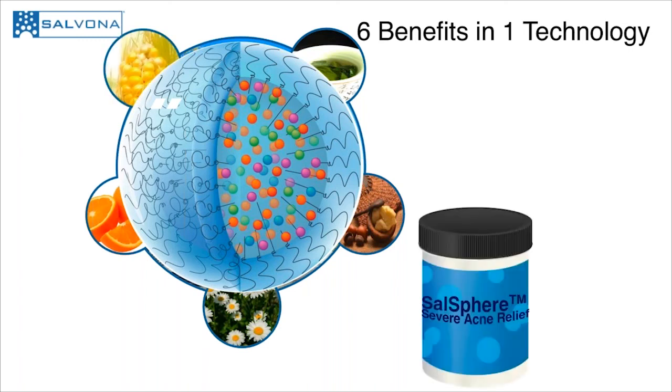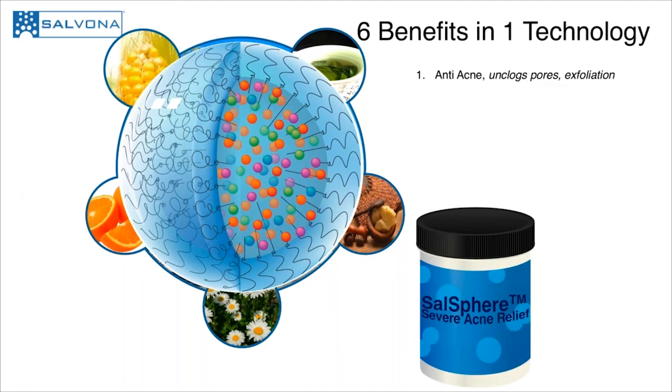The benefits include, number 1, anti-acne solution. It unclogs the pores. It exfoliates the skin. Number 2, antiseptic. It kills the bacteria. Moisturizing. It keeps the skin hydrated, which is a key element to allow the skin to fight bacteria.